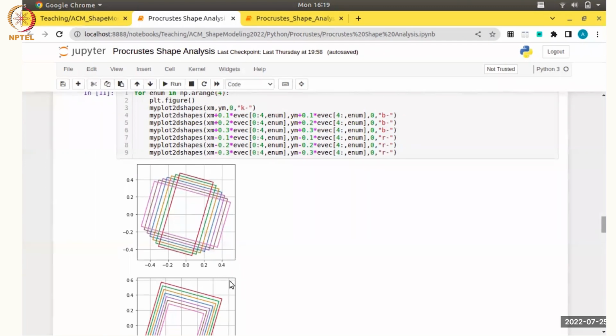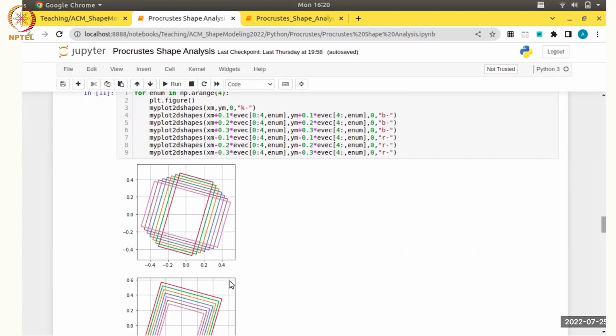So what is the interpretation of this? I need a proper interpretation. Looking at this result, give me an interpretation in terms of what is changing in the rectangle.